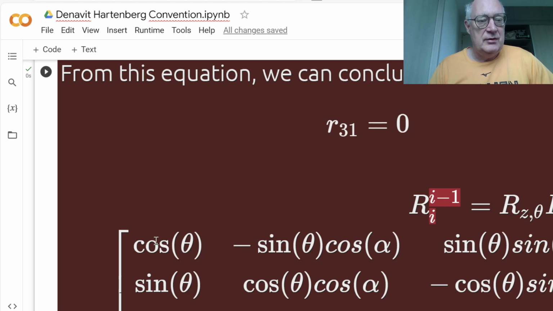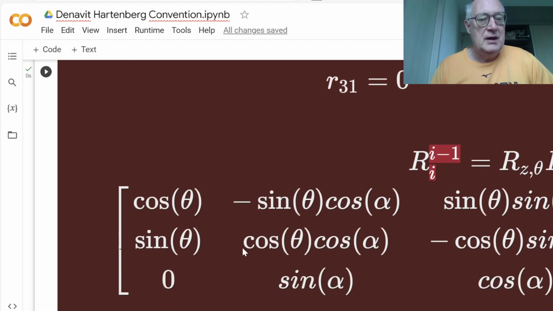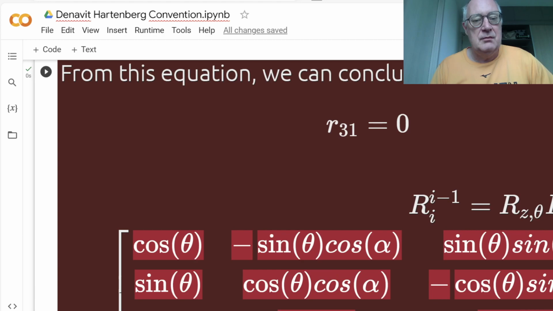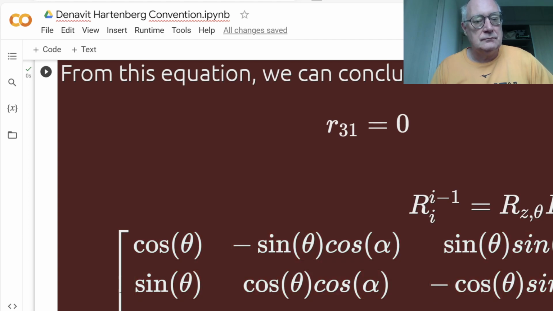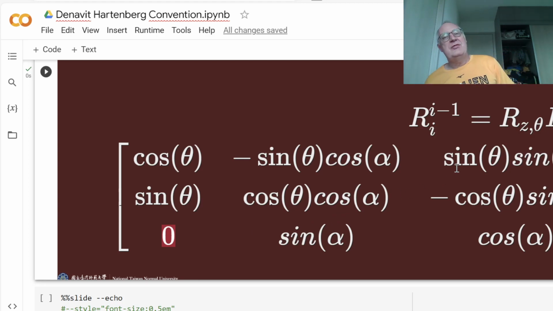And then if we expand the two rotation matrices, we end up with this rotation matrix here. The important thing is we still have the 0 term here. If we added another rotation along axis y, then we would get a non-zero entry here. And it makes sense, right?